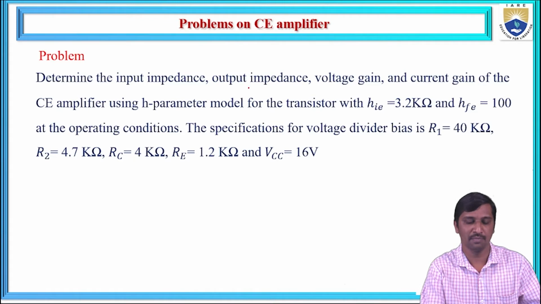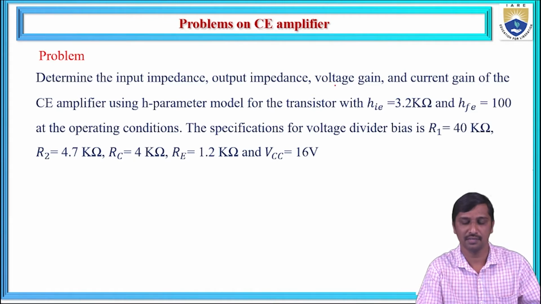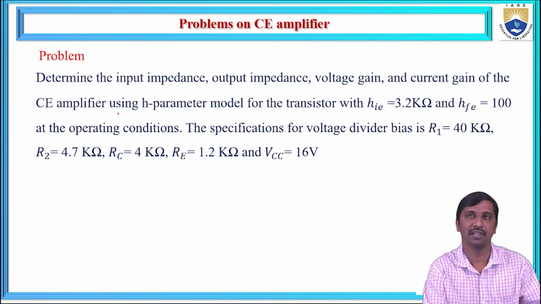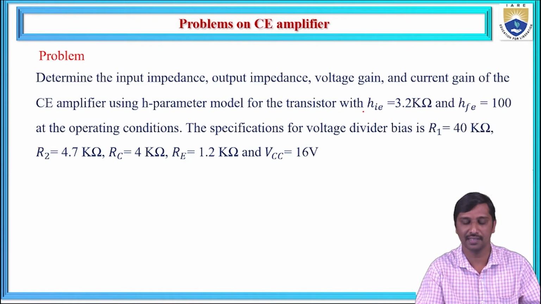Determine the input impedance, output impedance, voltage gain, and the current gain of the common emitter amplifier using the H parameter model for the transistor. They have given some specifications like H parameter specifications. HIE is 3.2 kilo ohms and HFE is 100 at the operating conditions.